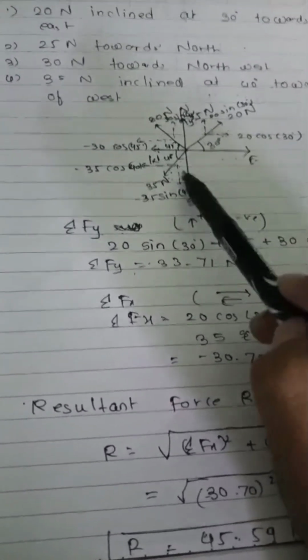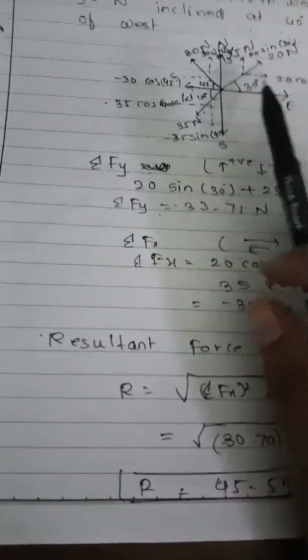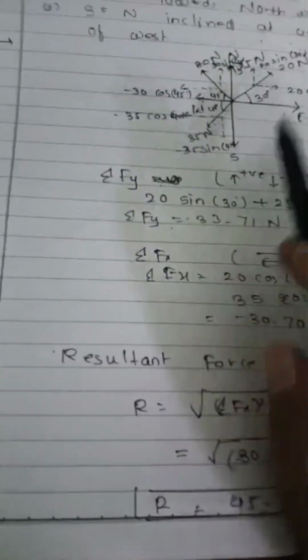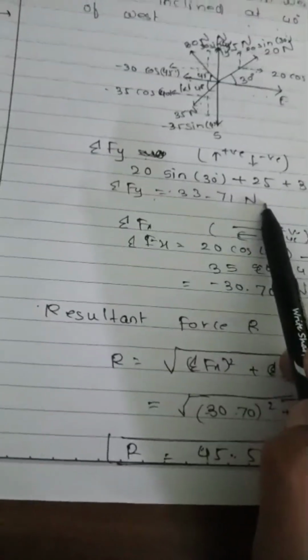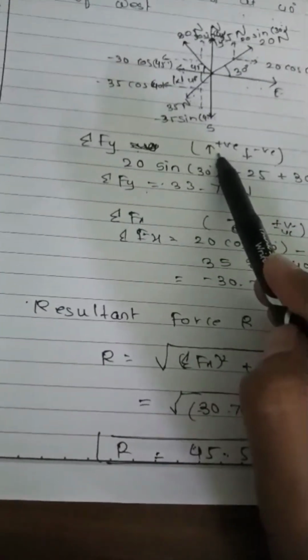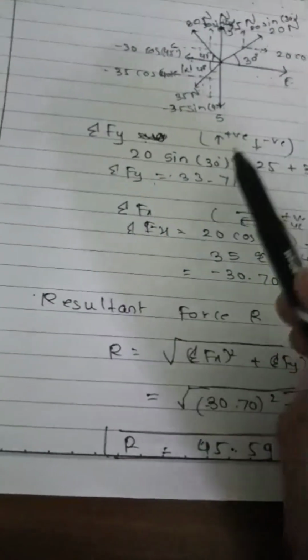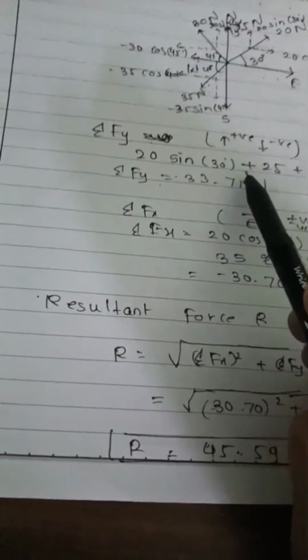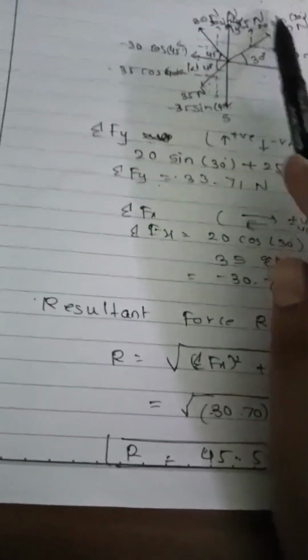Then after resolving the forces, we find the summation of all vertical forces, summation Fy. Then we get summation Fy as 33.71 Newton. The direction of summation Fy upward is positive and downward is negative, and we know that summation Fy is nothing but all the sine terms.